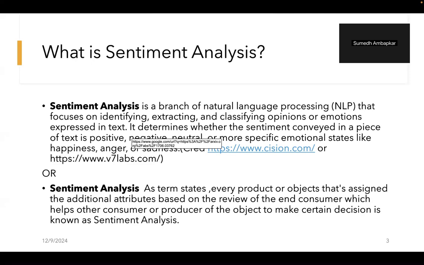And based on that, we make certain decisions whether to utilize that particular product or whether to invest in that product, right? So sentiment analysis is an additional attribute to each object or product given by the consumer, and it is helpful for decision making in a lot of areas like improving the quality or improving the cost or making some business decisions in organizations.